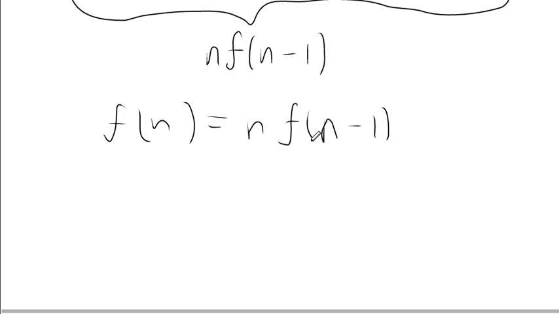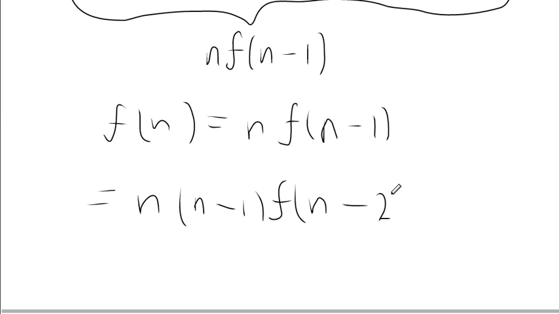For the nth object, it's just n times the number of ways to arrange n minus 1 objects. And we can use this formula recursively and get n times n minus 1 times f of n minus 2, right? Because we're just plugging in the argument for this original formula back into here.